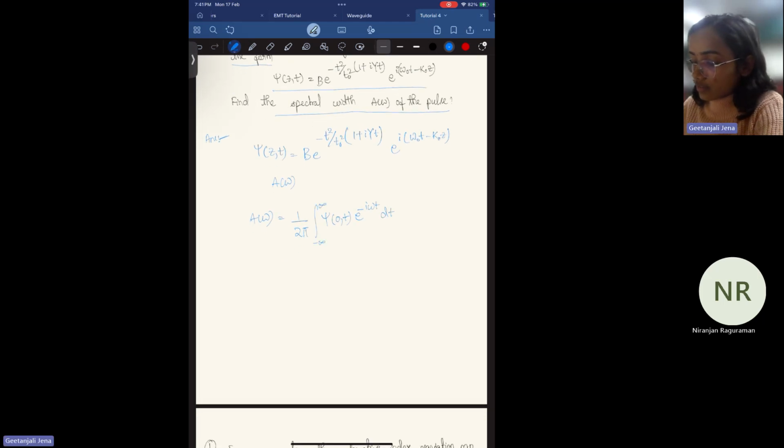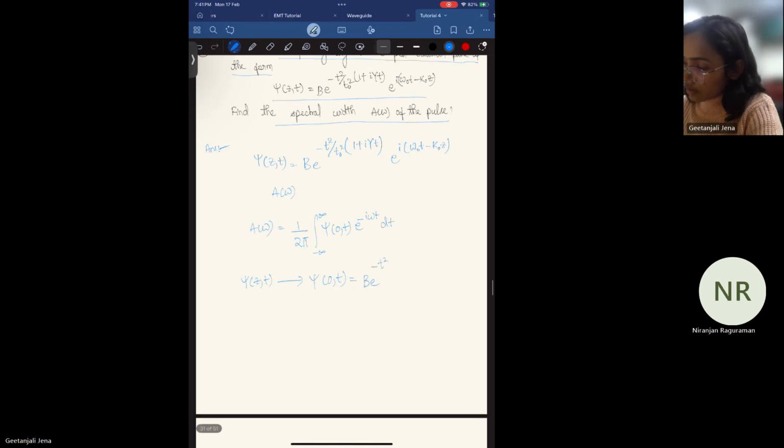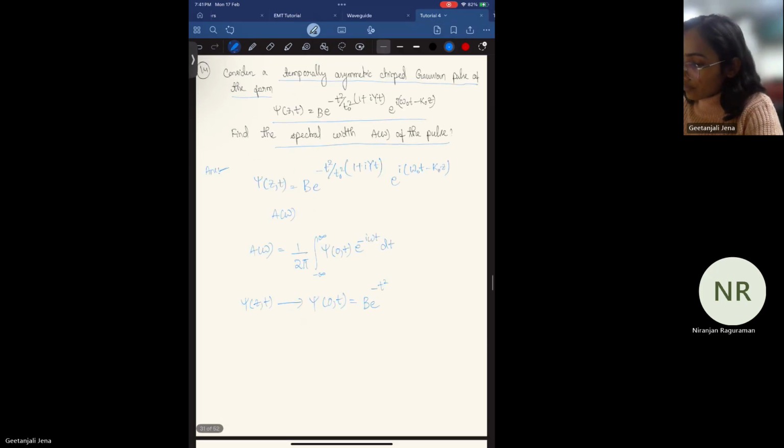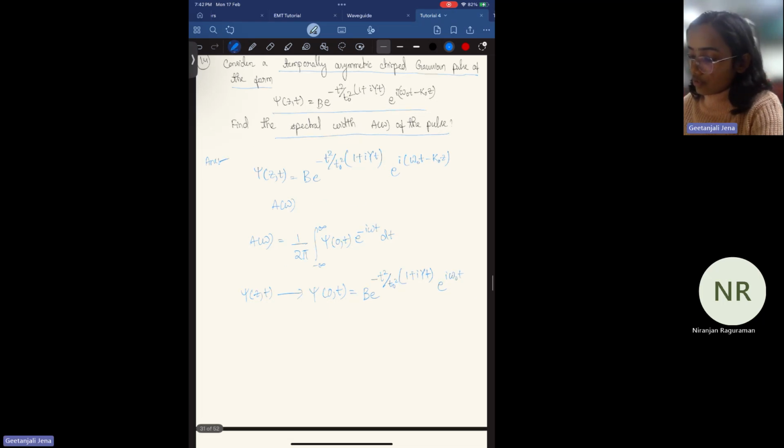So psi of z,t is given, so we can calculate psi of 0,t, which will be B e to the power minus t square by T0 square, times 1 plus i gamma t, times e to the power i omega 0 t. This is psi of 0,t.